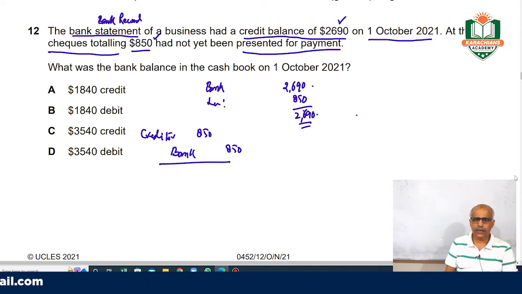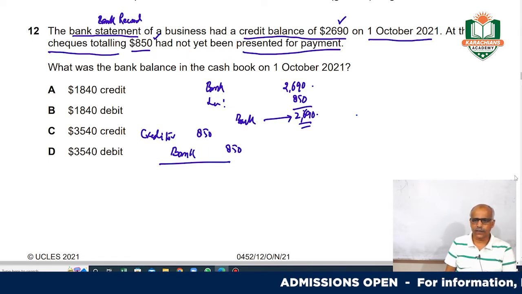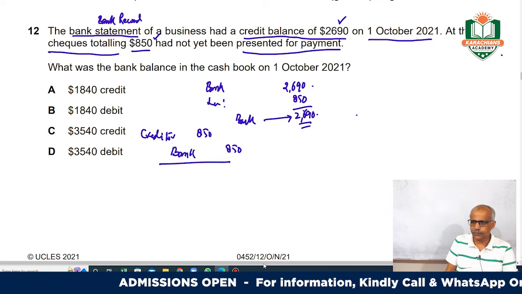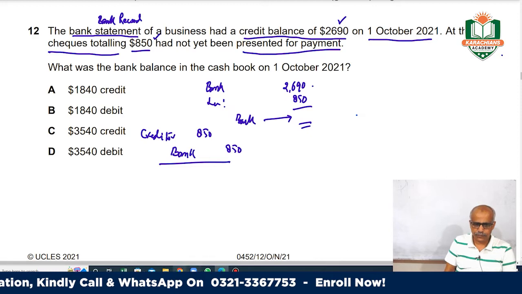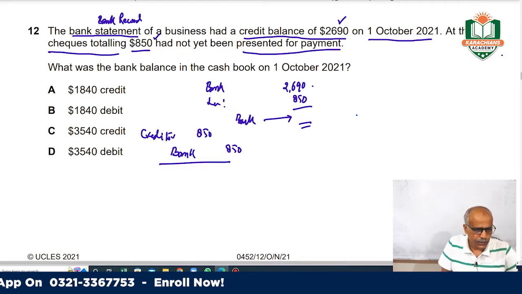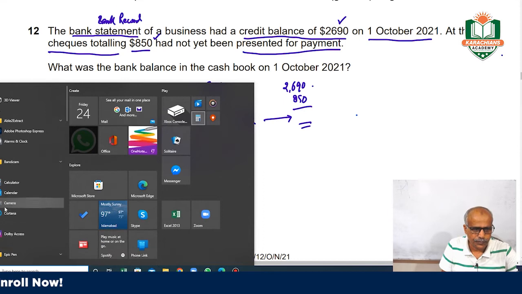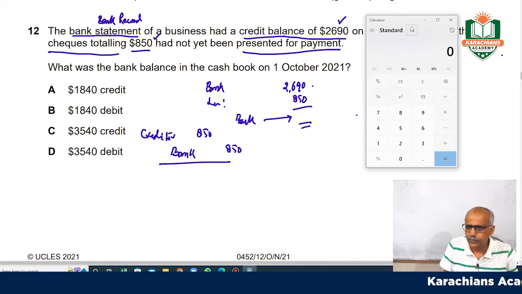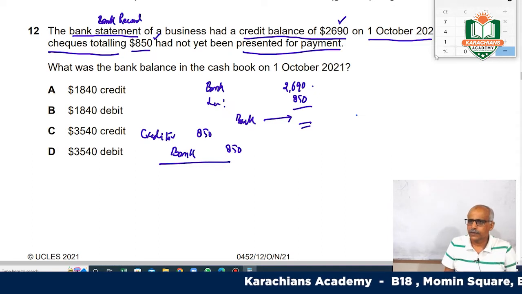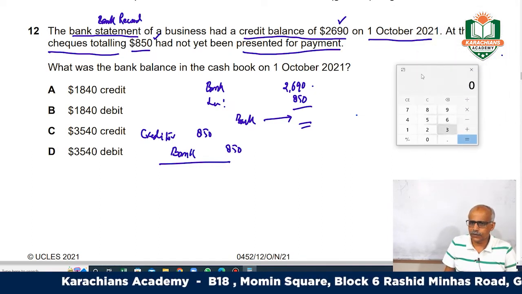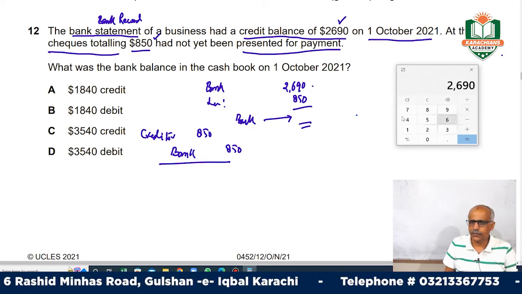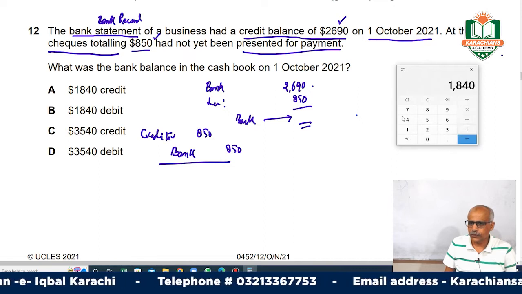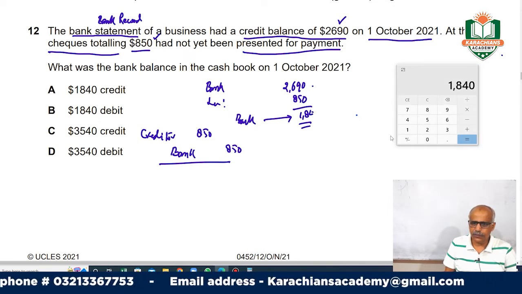2690 is the current balance. When this 850 appears, the balance will change to 1840.